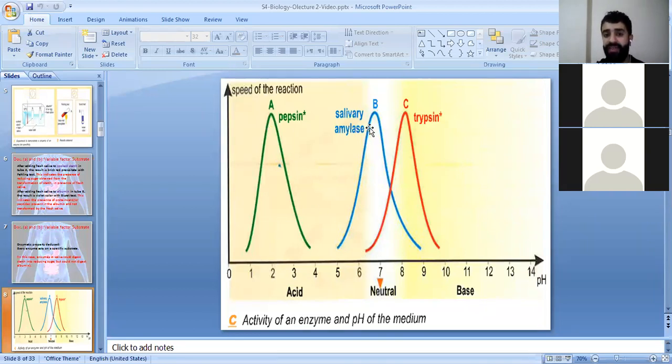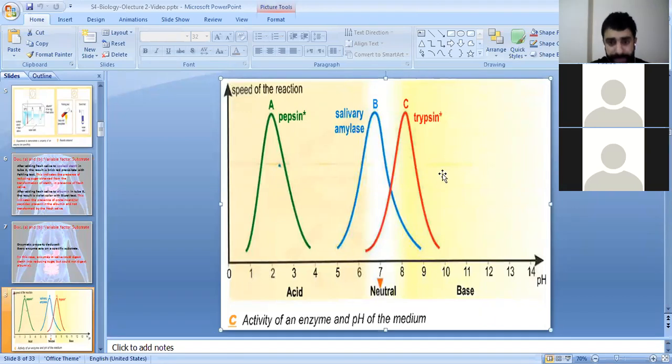While salivary amylase, as you have studied before in the handout, works best at pH 6.5 to 7, about neutral. While trypsin works best at pH 8.5, which is basic.